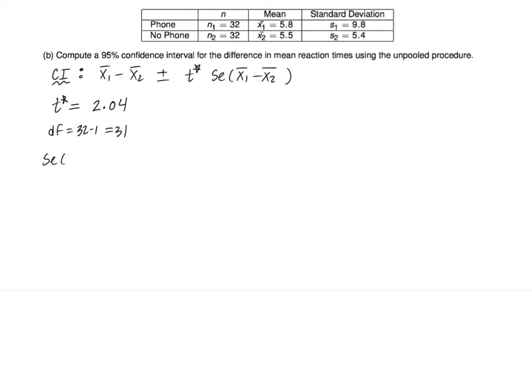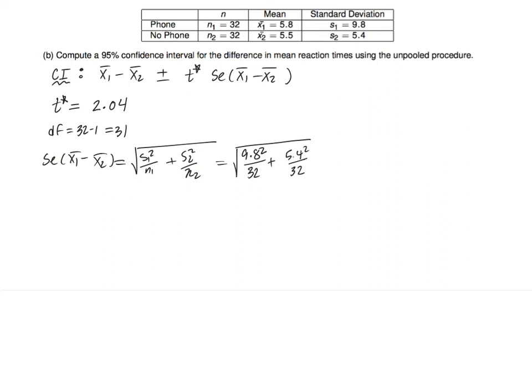Okay, the standard error of x1 bar minus x2 bar is equal to the square root of s1 squared over n1 plus s2 squared over n2, which is 9.8 squared over 32 plus 5.4 squared over 32, which comes out to be 1.978 approximately.